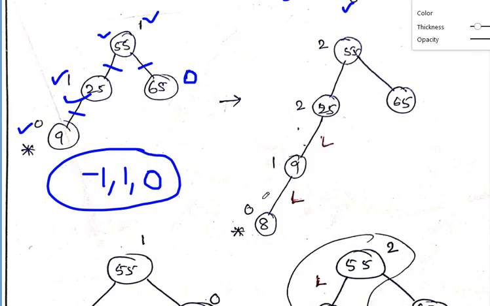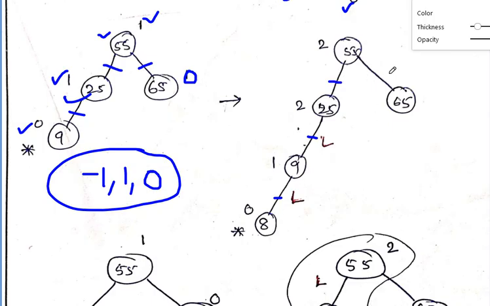Now the next thing is, let's insert the 8. When we insert the 8, we can check here 55, then 25, 9 and 8. So 8 gets the location which is left of the 9. If 8 is inserted, it disturbs the balance factor of nodes. So let's analyze it from the root. This is the first edge, second edge and third edge till the leaf node.